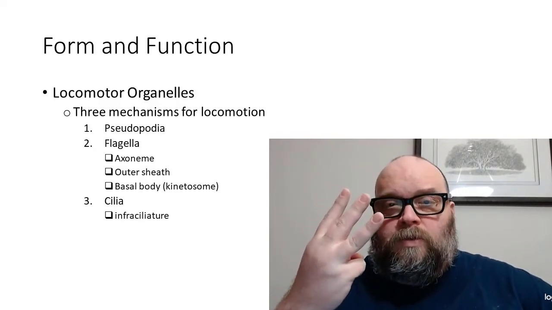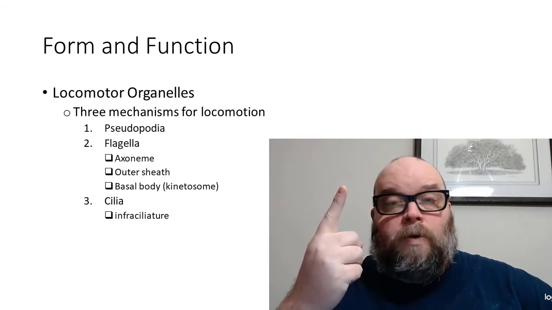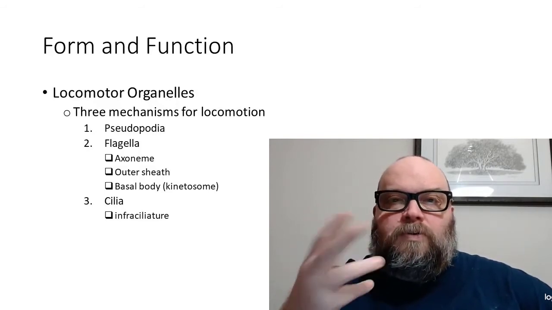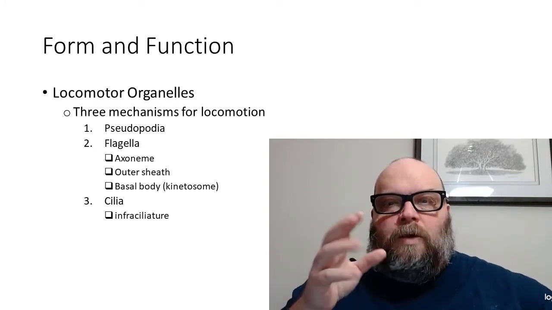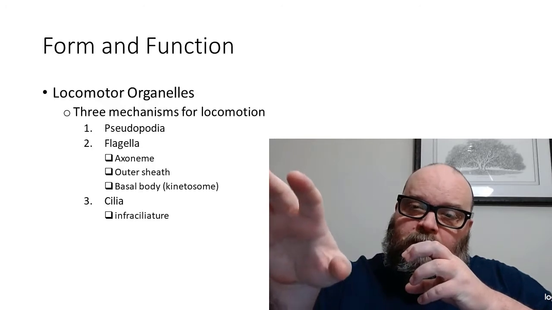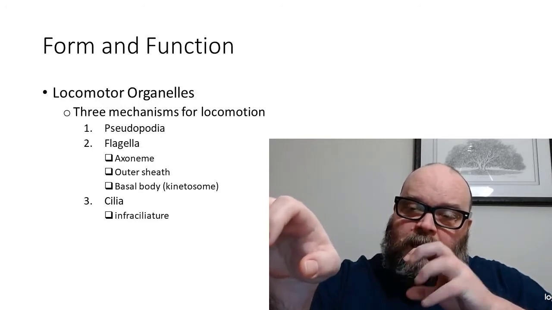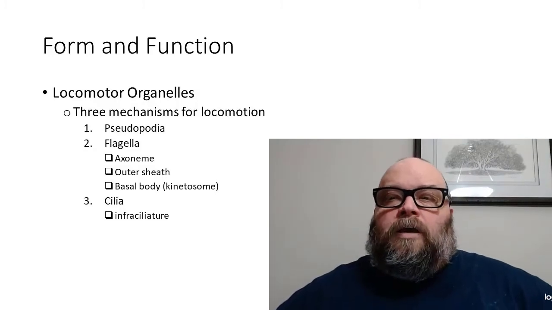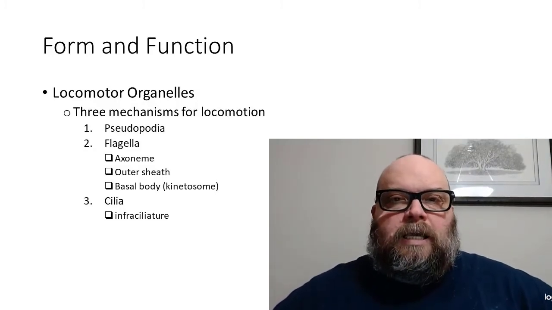Three forms we see that are predominant. Pseudopodia. If you've ever seen video of amoeba moving, remember pseudopodia means fake foot. They project out part of the cell and then the rest of the cell flows in. We'll talk about that in more depth at the end of this lecture.